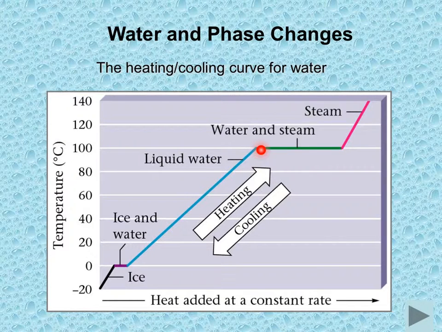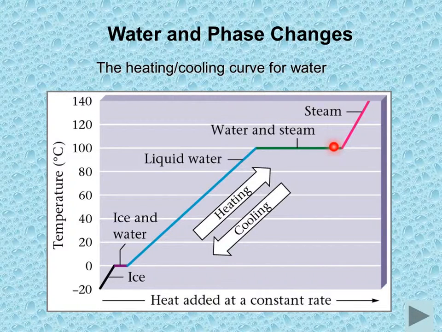At this time, temperature remains constant again until all of the liquid water is converted to steam, at which point the temperature will begin to rise again. The same type of thing happens as you cool. However, removing heat, the temperature will decrease. Steam's temperature will decrease until it reaches 100.